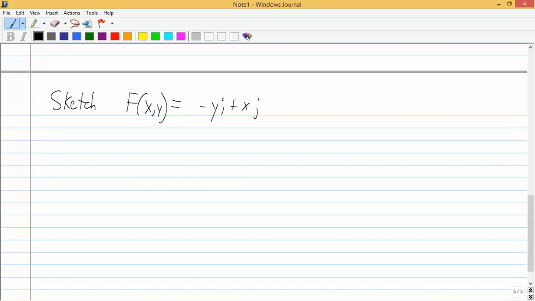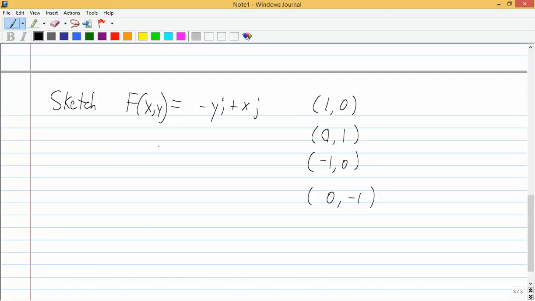So if we plug in a point, then we can get out a vector. The easiest points to plug in would be points where one of them is 0 and one of them is a constant. So the easiest points to graph would probably be 0, 1; 1, 0; negative 1, 0; and 0, 1. I think I wrote 1, 0, but that's supposed to be 0, 1. And how about 0, negative 1?